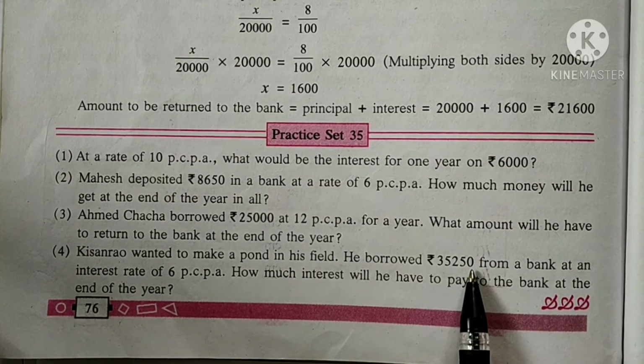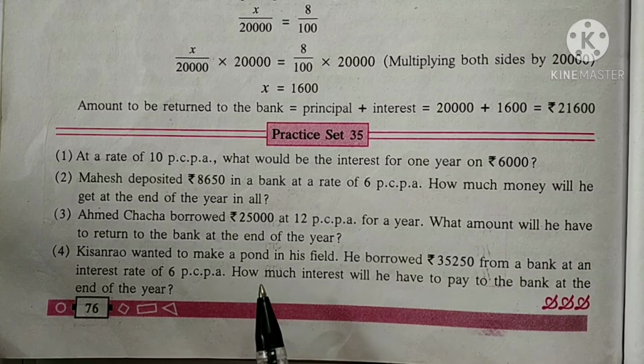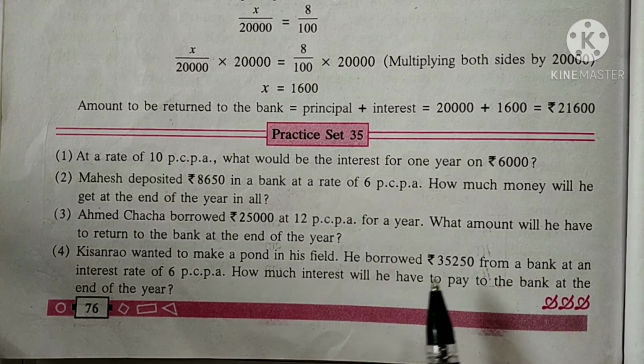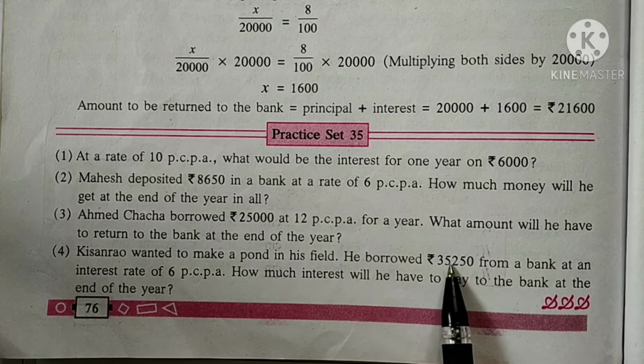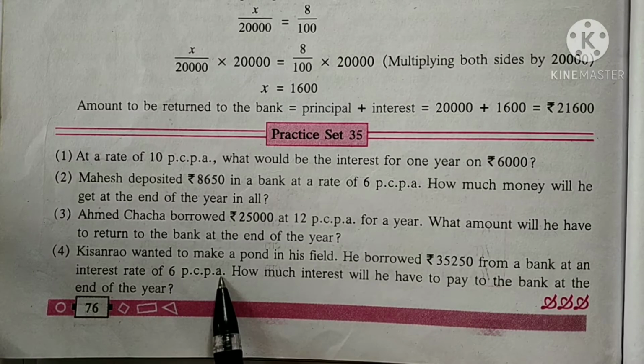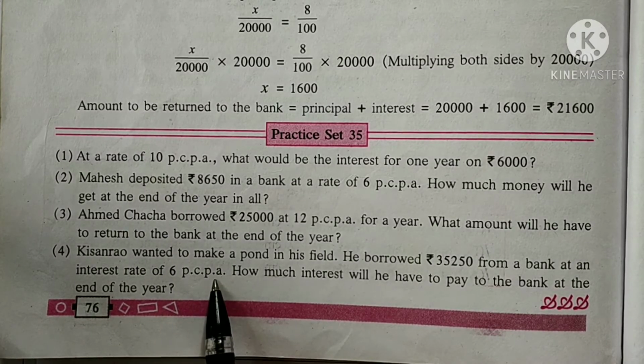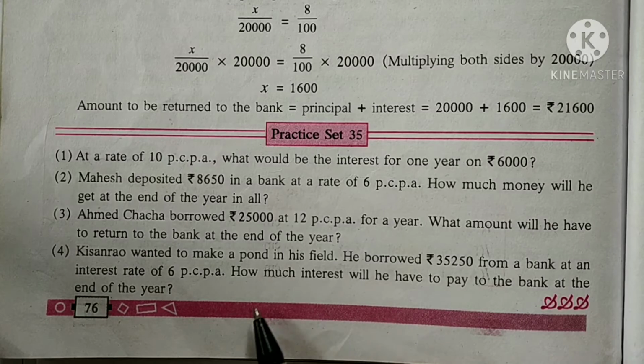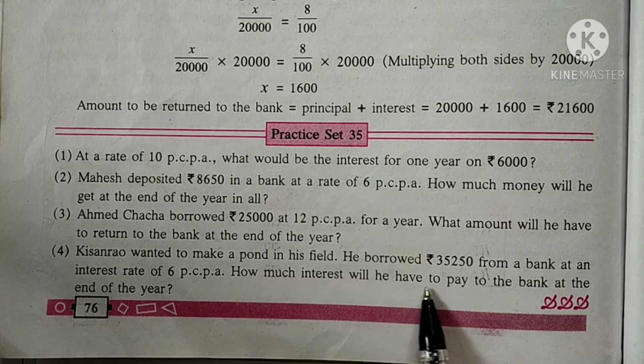Here Kishan Rao borrowed 35,250 from bank to make a pond in his field. That means principal is 35,250. Here at an interest rate of 6 PCPA, that means rate of interest is 6 PCPA. And here we have to calculate how much interest he will have to pay to the bank at the end of the year.